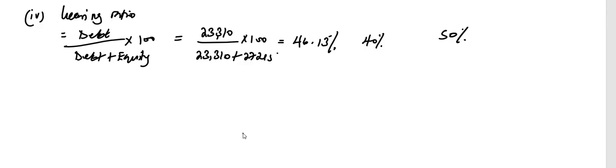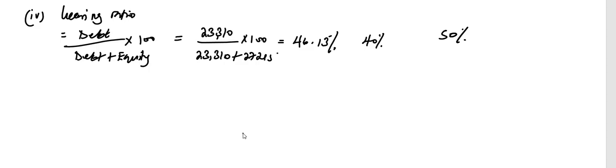The gearing ratio is higher than the similar sized company, which is at 40%, though lower than the industry average. So the group is not highly leveraged, and even the industry still, because it's at 50%. So meaning that it's 50-50. More 50-50. This is 46.13.